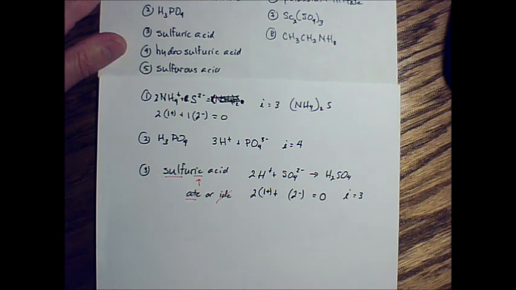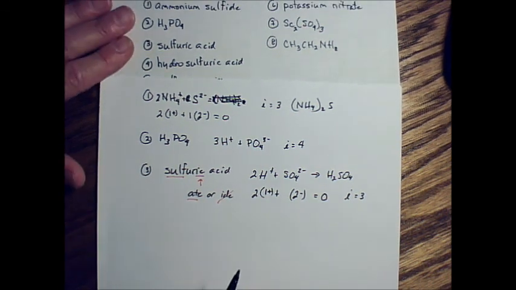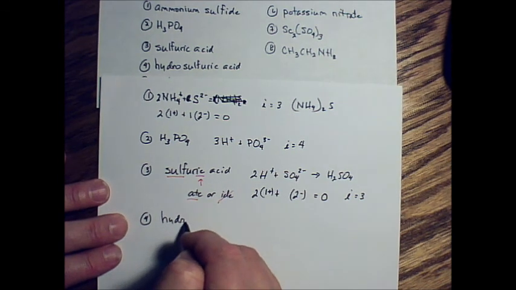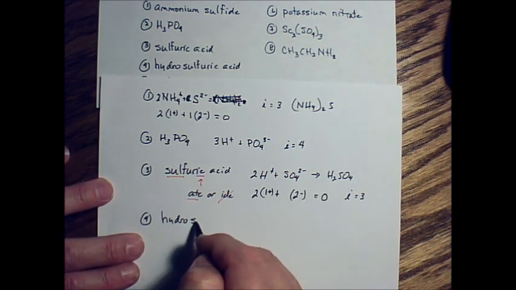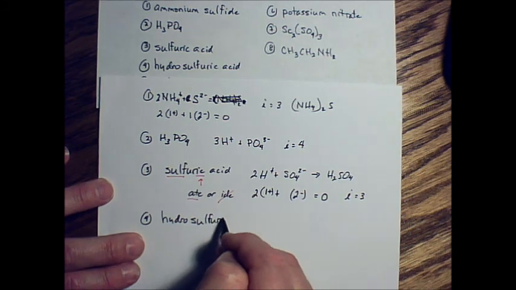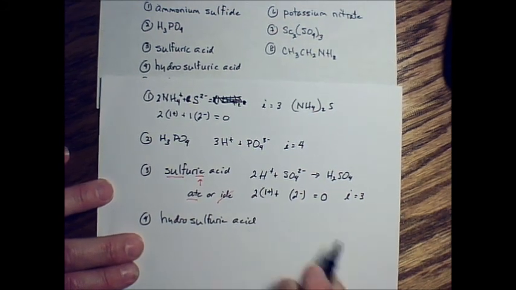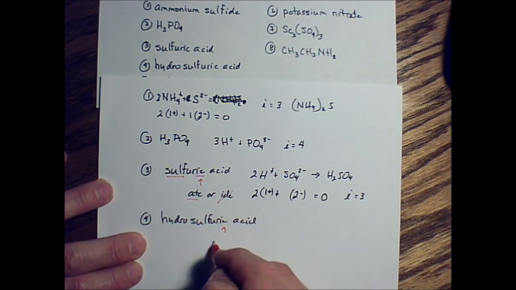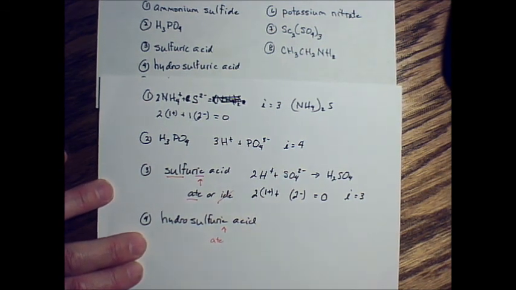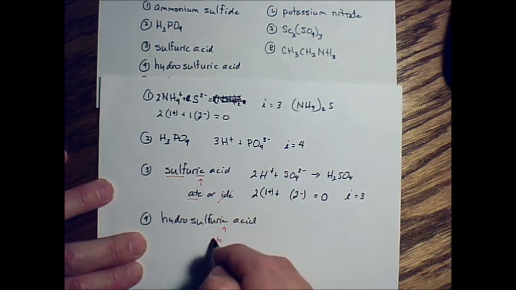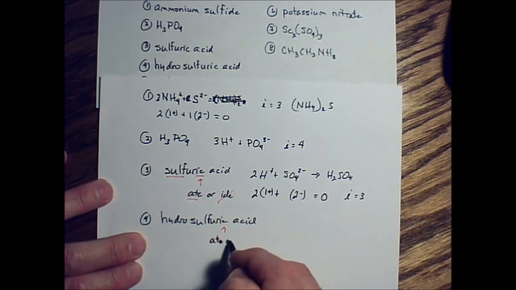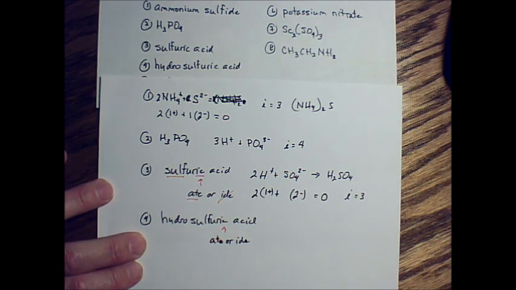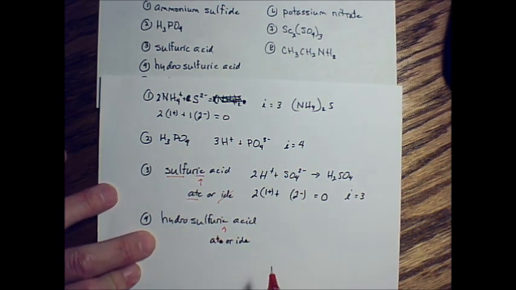All right. Number 4. Hydro. There's that prefix we're talking about. Hydrosulfuric acid. All right, so we've got this IC ending that could be an ATE or an IDE. If it's going to be IDE, it has to have a hydro prefix.